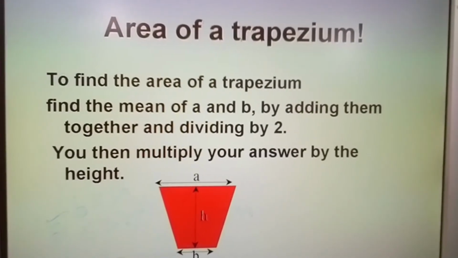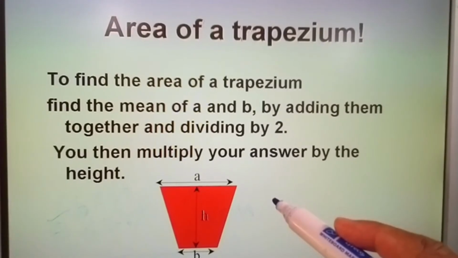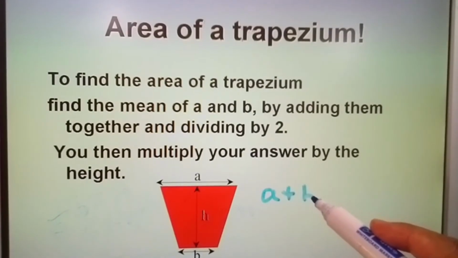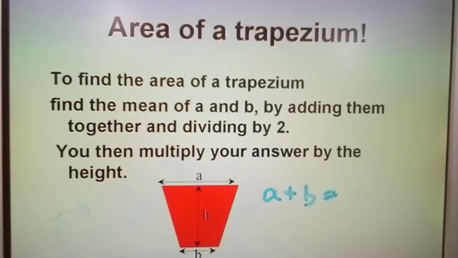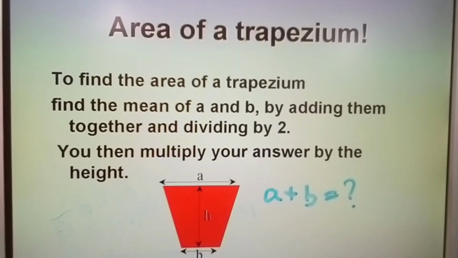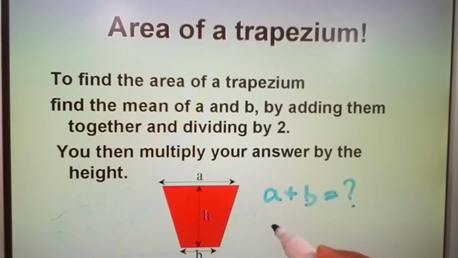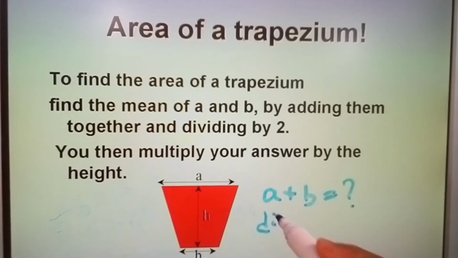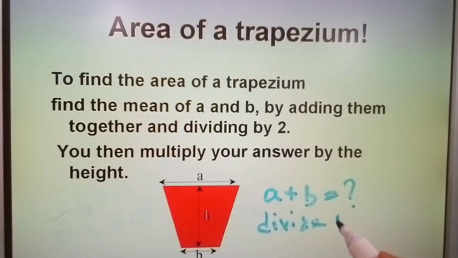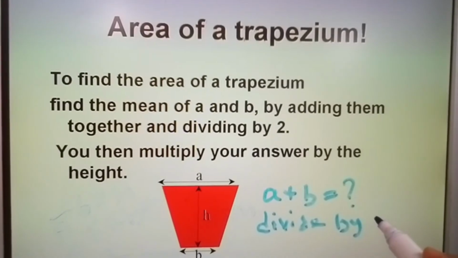But let's just see if I can add to this. Let's say if we find mean of A and B, mean of A plus B equals whatever. Okay. Then divide by 2. Okay.